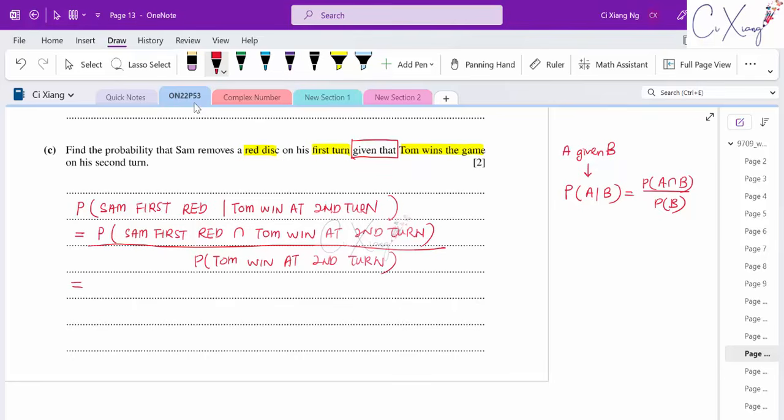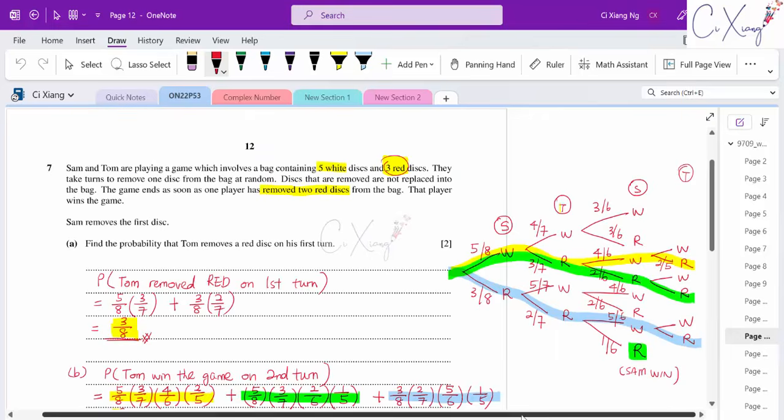So how can I find Sam's first removed disk is red, and also Tom wins at the second turn? Again, we can refer back to the tree diagram.